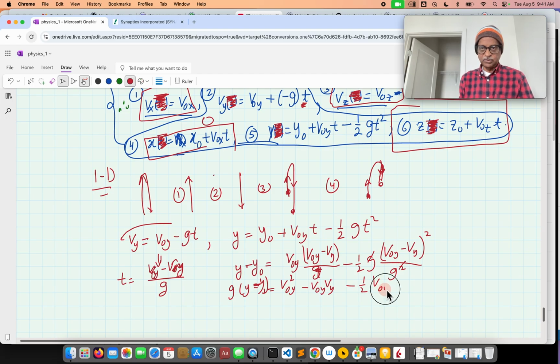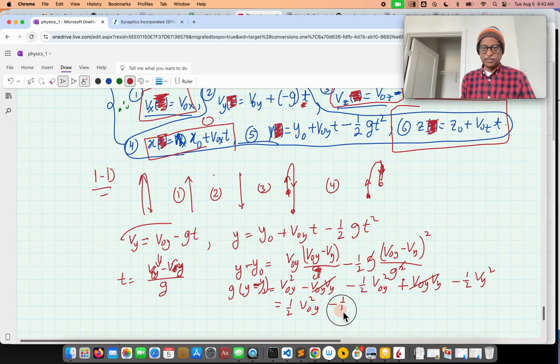Half V0y squared plus V0y Vy minus half Vy squared. So this got cancelled out, and this half of that went away. So this is half V0y squared minus half Vy squared.